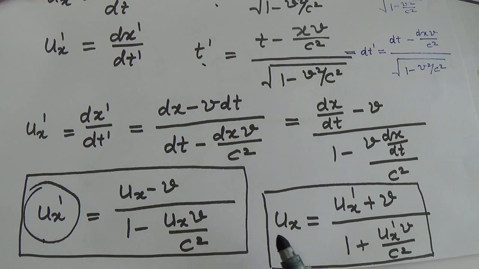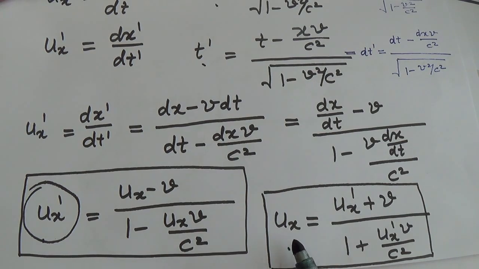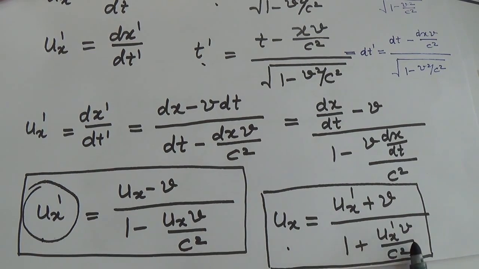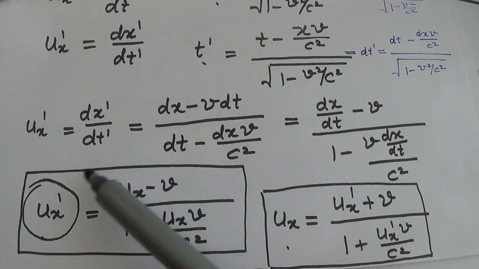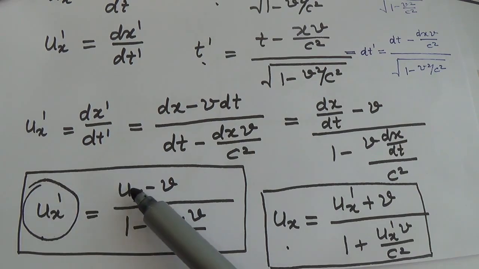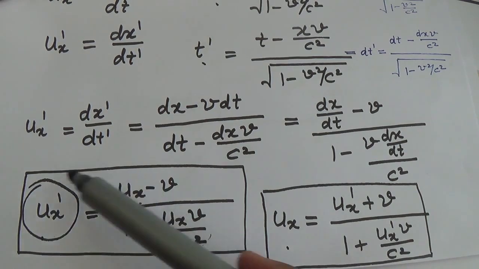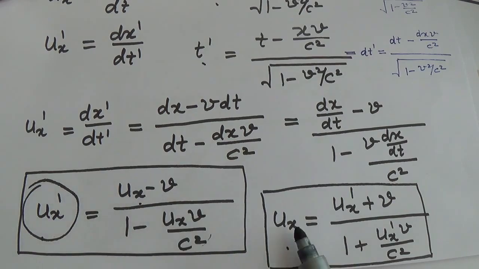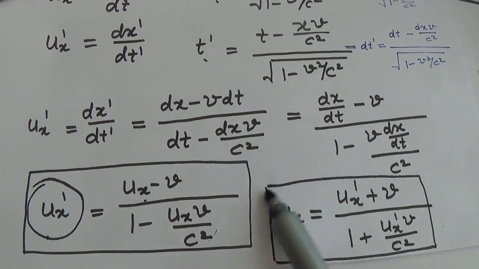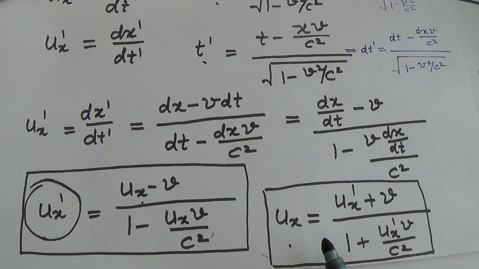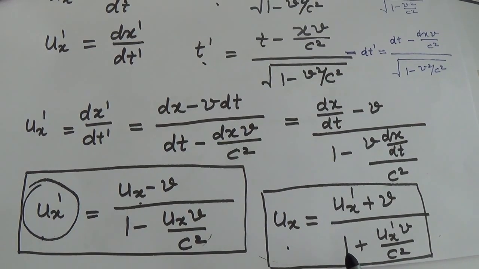If you have to find out the velocity component ux according to the observer O, then you have to use the other formula, which is derived by using the inverse Lorentz transformation.